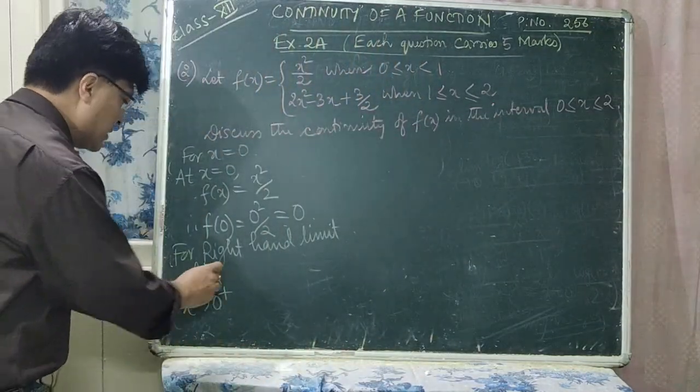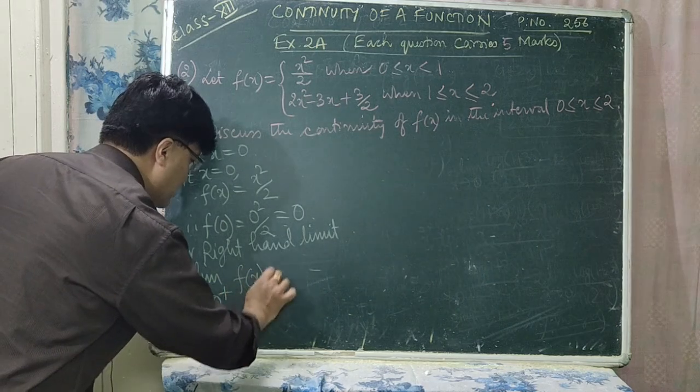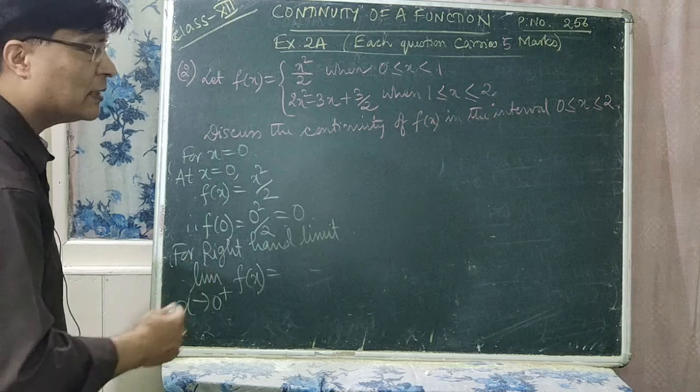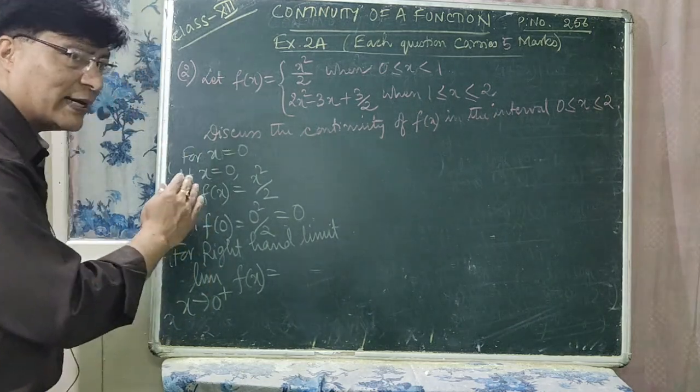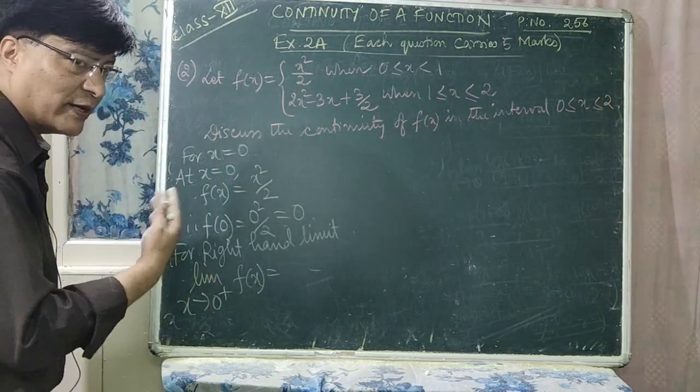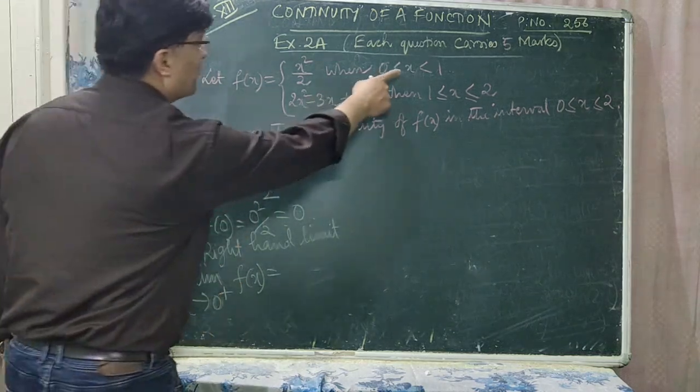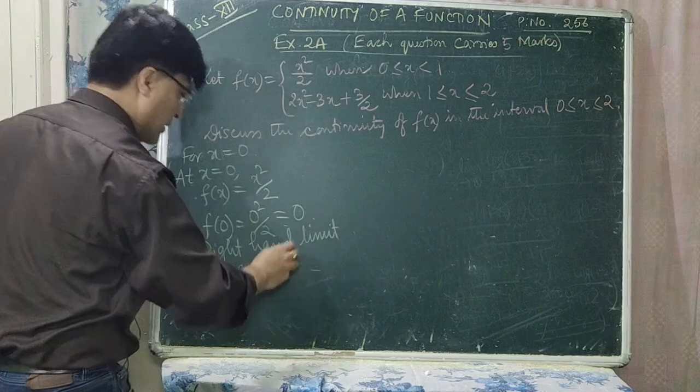Okay. So limit x tends to 0, f of x. What is meant by it? x is approaching towards 0 from the right hand side, and on the right of x is equal to 0, all the values of x are greater than 0. So what is the value for f of x when x greater than 0? When x greater than 0, it is x square by 2.